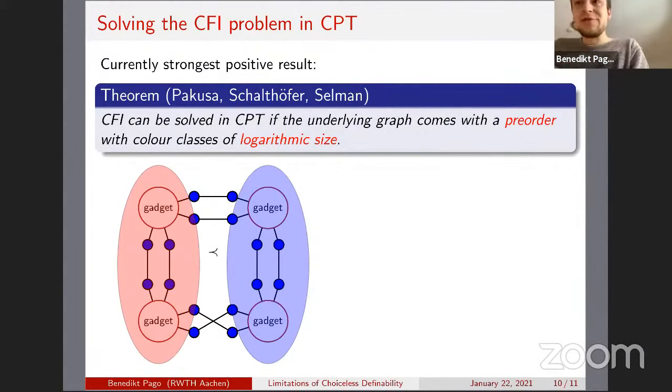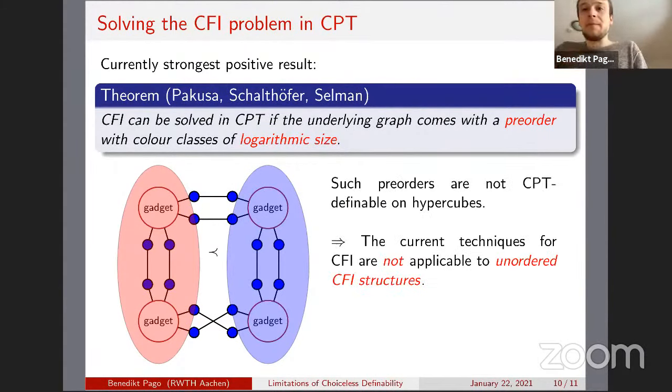This was the motivation for me to show that in general, you cannot use this algorithm. If you look at the CFI problem on unordered hypercubes, for example, then it is impossible to construct, out of nowhere, such a fine pre-order that would allow you to apply this theorem. So as a consequence, for solving CFI in general, we need new techniques which require less symmetry breaking objects. That's basically it.